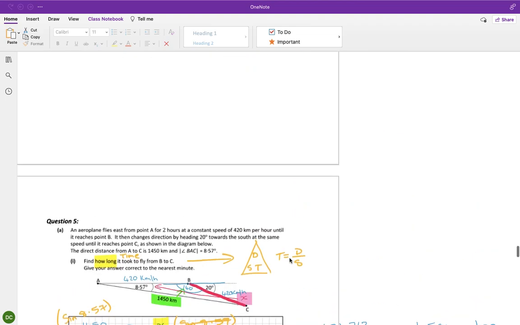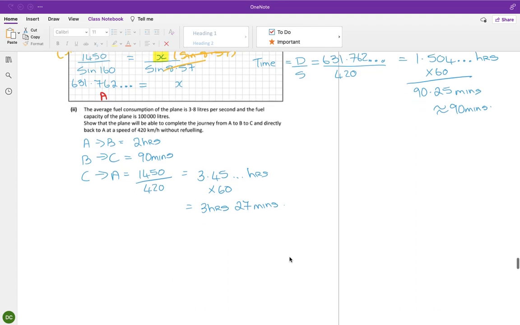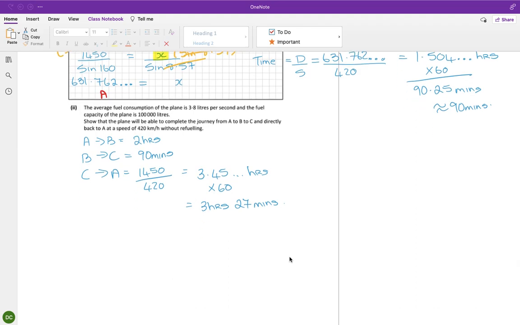So that means the entire journey is 2 hours plus 1.5 hours plus 3.45 hours. So the total journey is 6.95 hours.